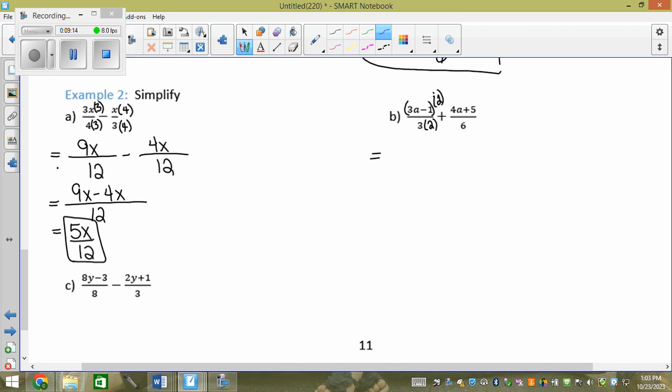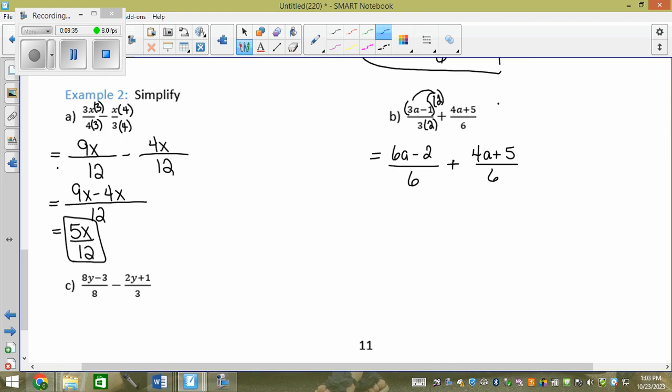So what am I going to get here? I'm going to get 3a times 2 is 6a, minus 1 times 2 is minus 2, all over 6, plus 4a plus 5, all over 6.